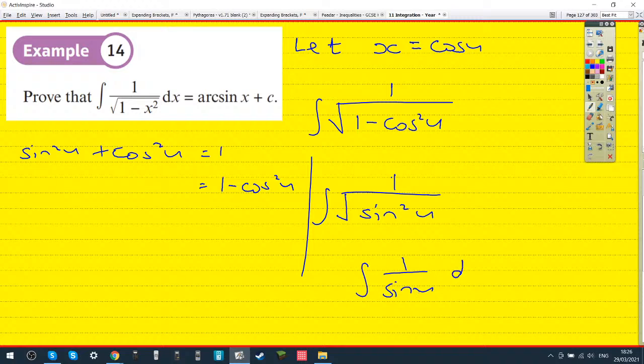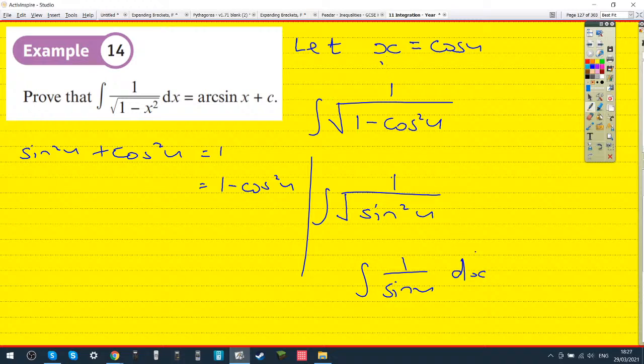Oh, hang on, we need the dx thing. And so now, for the dx thing, are we differentiating one of these equations here?